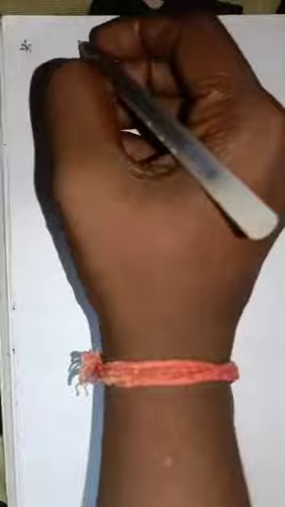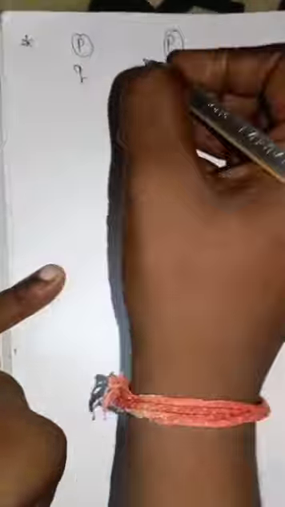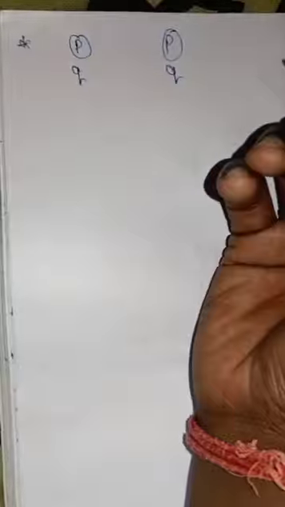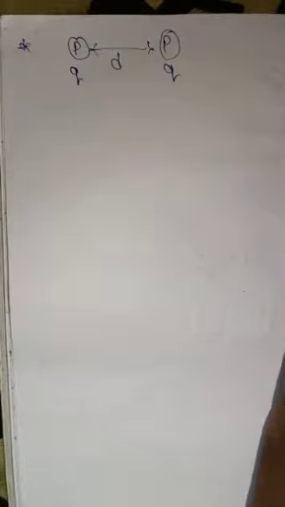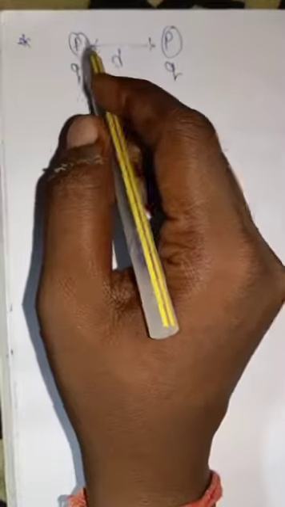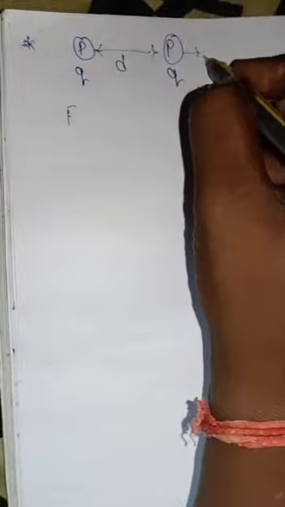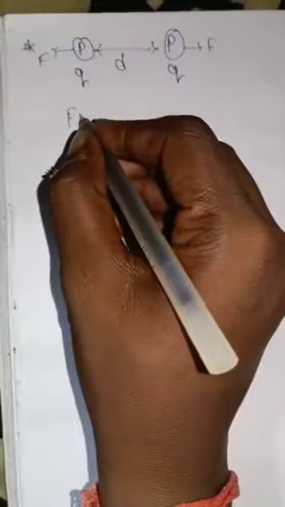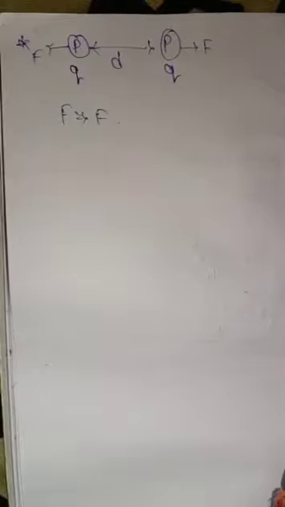So here two positive ions are given. Each carries a charge q, separated by a distance d. Both ions have a force of repulsion F. They are asking for the number of electrons missing from each ion.